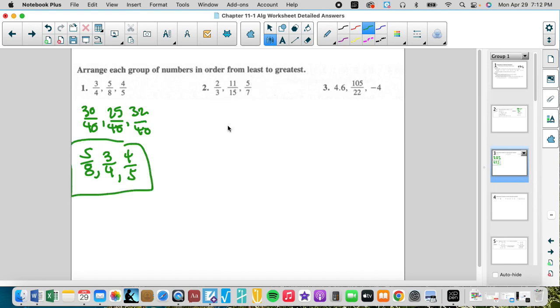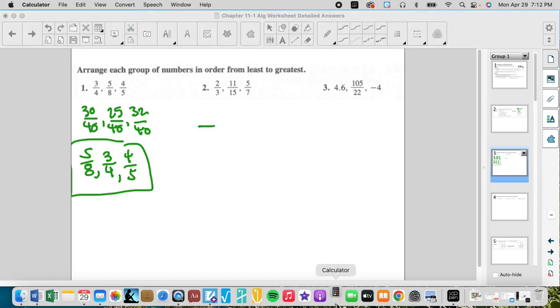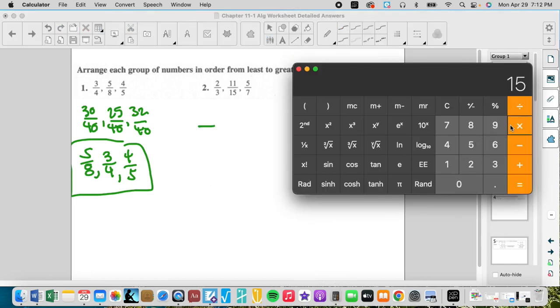Next, 3, 15, 7. Is 210 a multiple of 15? No, because of the 5 and 3, that's 3, 5, 15, and 7. What's 15 times 7? 15 times 7 is 105.